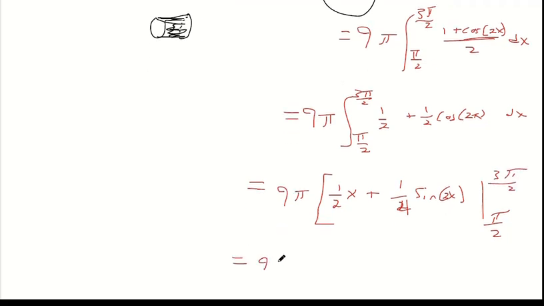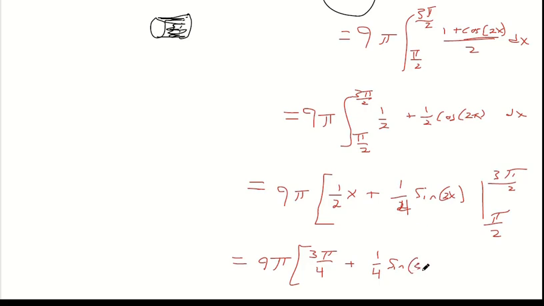So we got 9 pi. So plugging in the limits of integration, I'll do 3 pi over 2 first, obviously. So that's 3 pi over 4 plus 1/4 sine, and then 2 times 3 pi over 4. So that's going to be 3 pi.